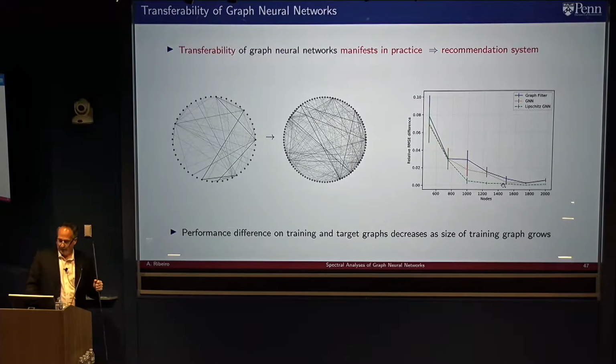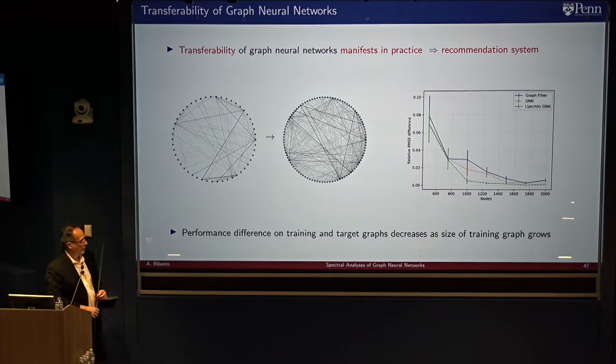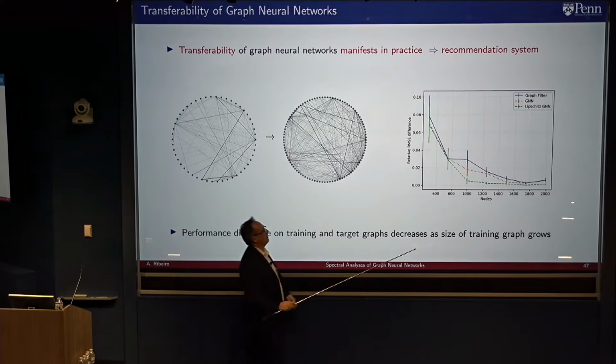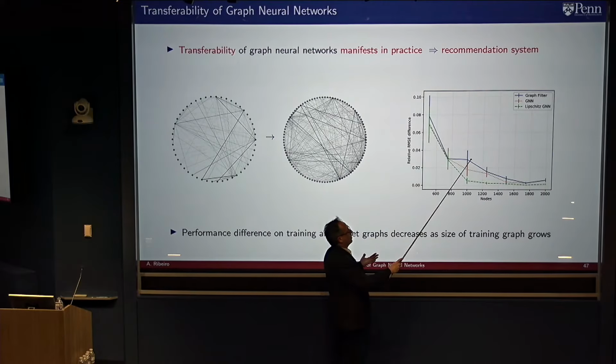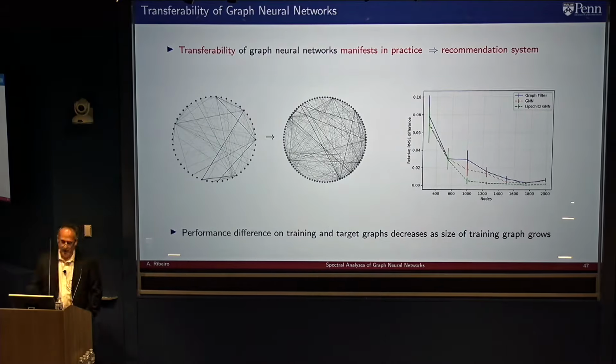There are three things being compared here: a graph filter, a GNN, and a GNN in which we enforce the Lipschitz condition. This shows that the theorems can be validated in practice, because the GNN is slightly more transferable than the filter. And furthermore, if we force the GNN to learn filters with a larger Lipschitz constant, the loss in performance is smaller.